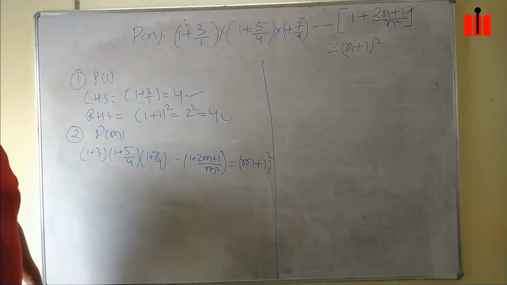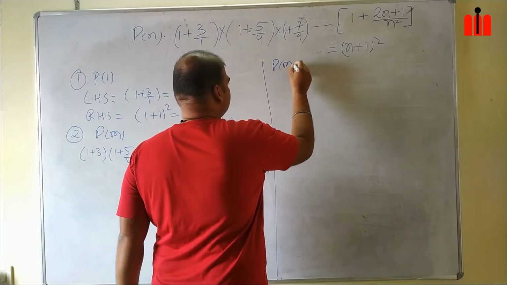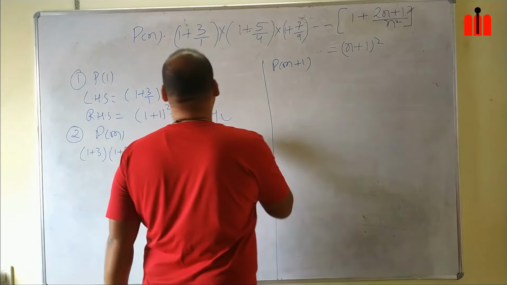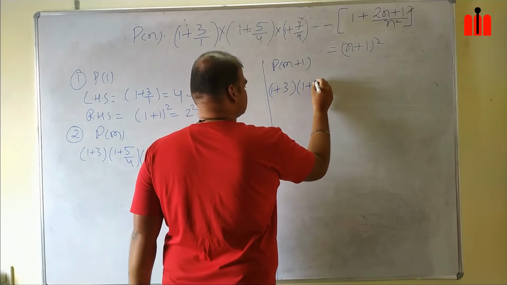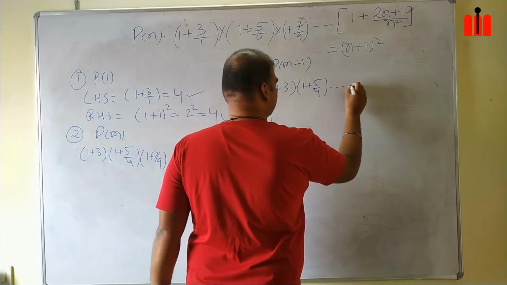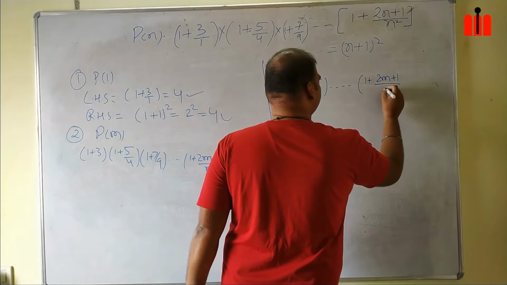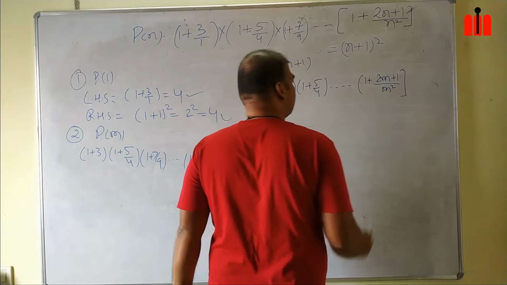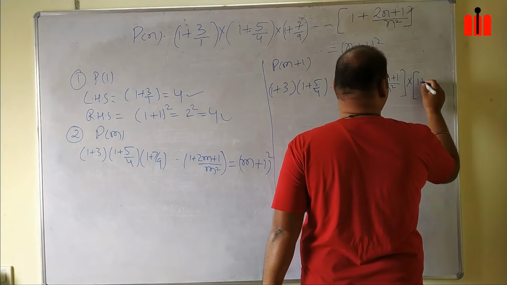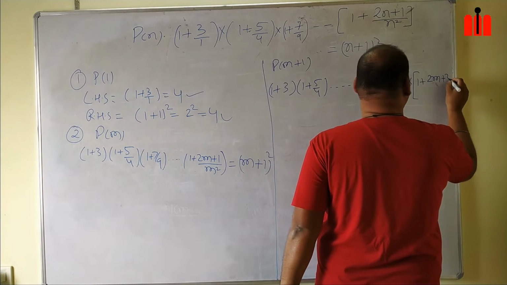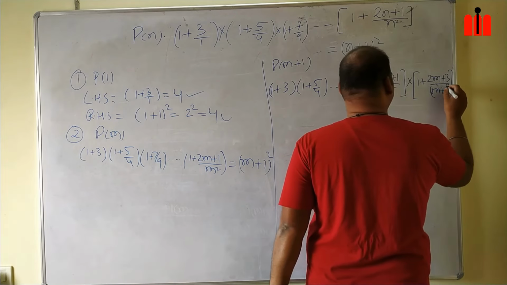Now let's move on to our induction step, which is our PM plus 1. What will be my LHS? LHS will be 1 plus 3 by 1, 1 plus 5 by 4, and so on, up to 1 plus 2m plus 1 by m square, and into the m plus 1 term, which will be 1 plus 2m plus 3 by m plus 1 whole square.